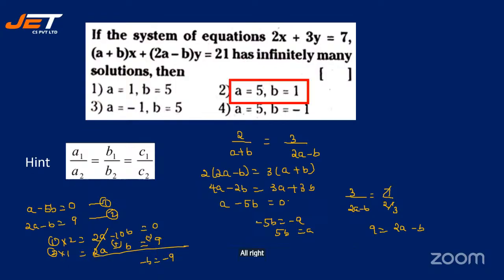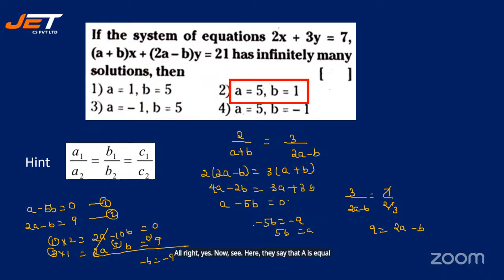All right? Now see, here they say that a is equal to 5, b is equal to 1. So now just take this. a plus b is 5 plus 1, 6x, plus 2a minus b, 5 twos are 10 minus 1 is 9y, is equal to 21.